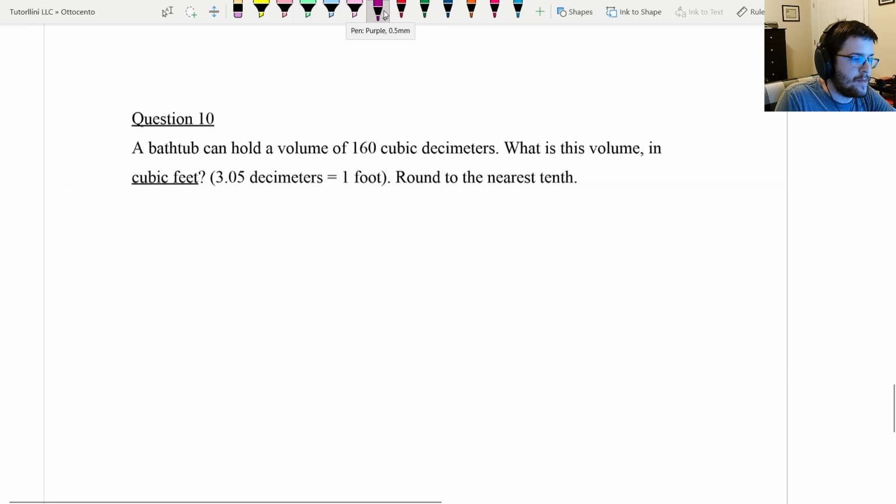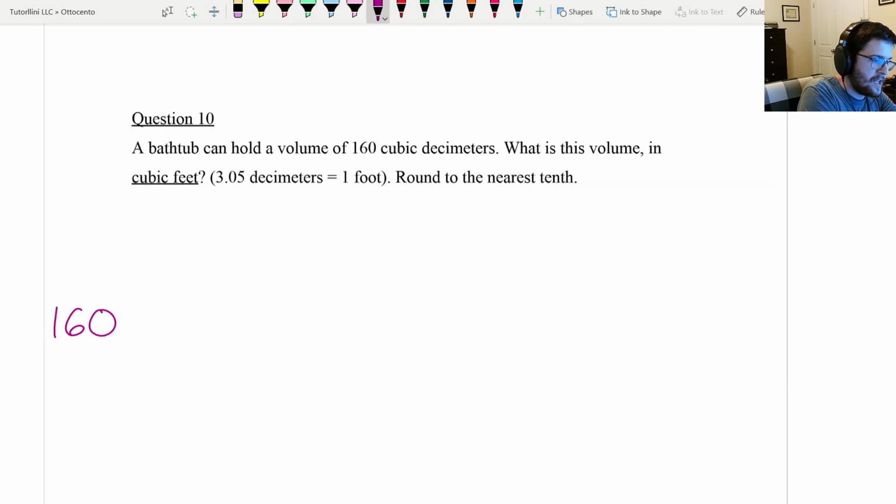A bathtub can hold a volume of 160 cubic decimeters. Okay, you guys don't need to know this, but just to make it easier for me, I'm going to write the abbreviation for decimeters, which is DM. And cubic, remember we said that means to the 3rd power. The unit is to the 3rd power. So I'm going to put DM cubed. And I'm going to look, do I have cubic decimeters in my conversion?